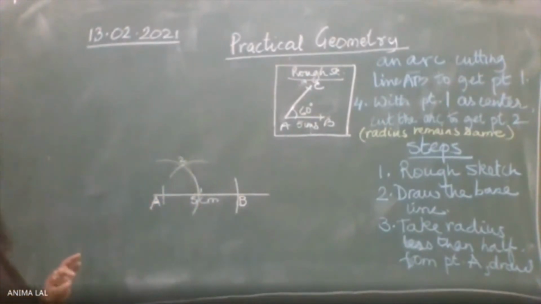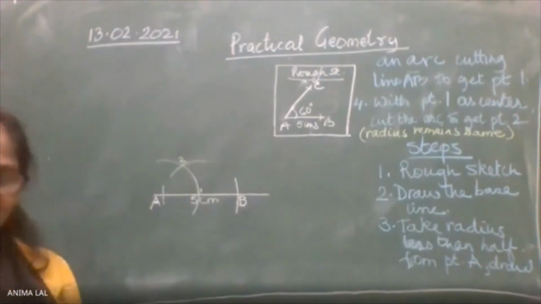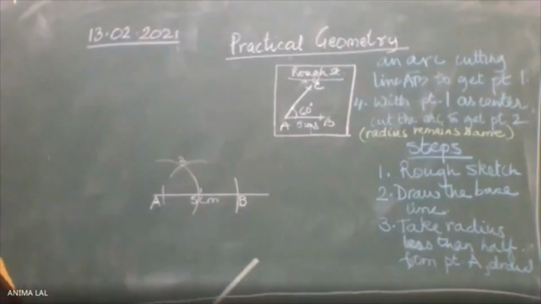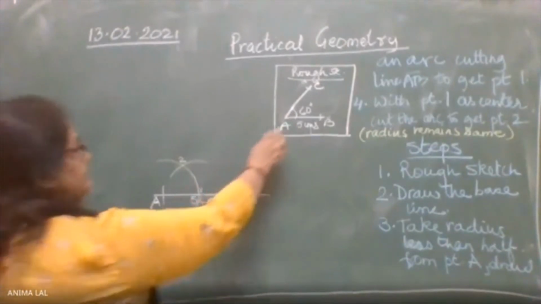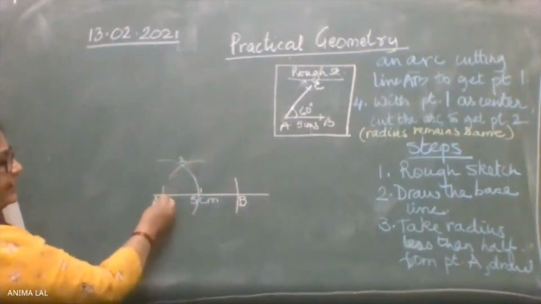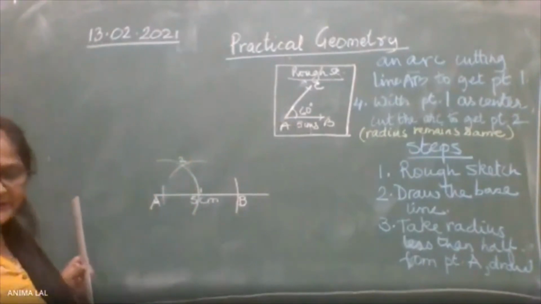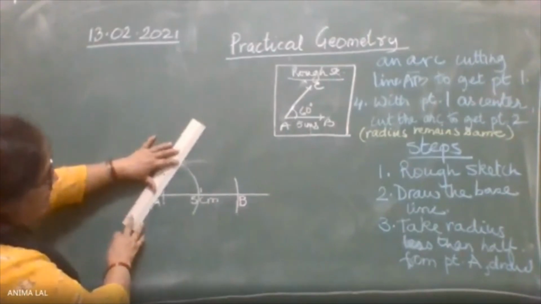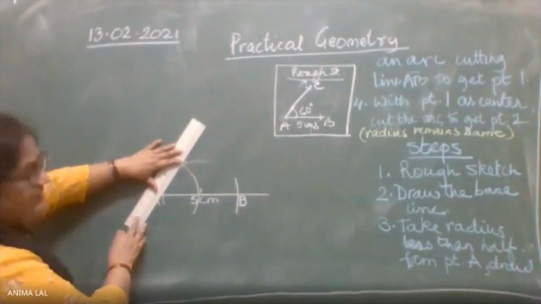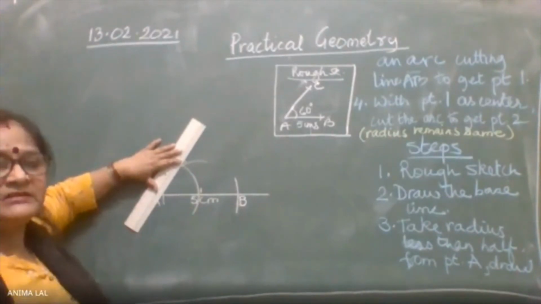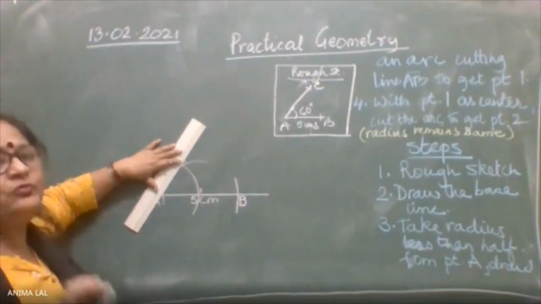Okay? Now, the most important is joining your points. Now, the angle is at A. So, point 2 and A have to be joined. To join that, place your ruler in such a way, adjusting is very important because the line must pass through the points.